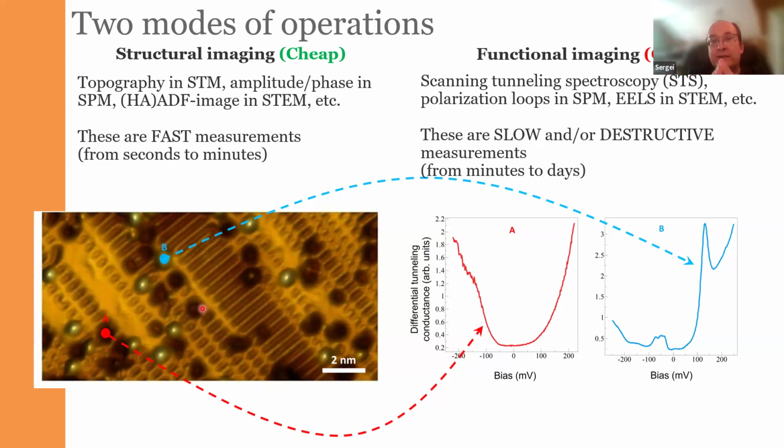But in all cases, whether we sample based on the prior knowledge or based on curiosity or statistical representation of objects in the system, we make decisions based on what we observe in the structural image in order to select locations for the expensive measurements. So the assumption is that we cannot take expensive measurements everywhere.